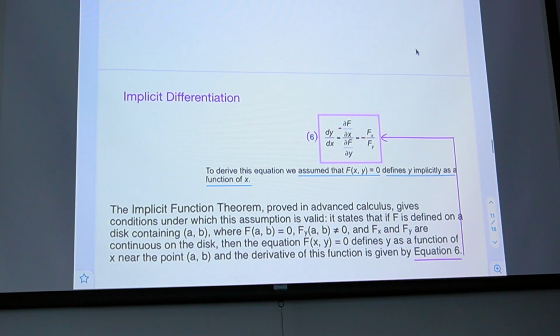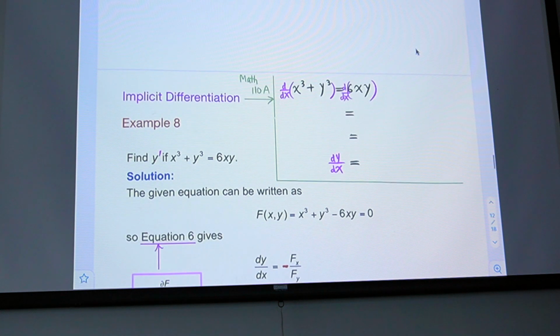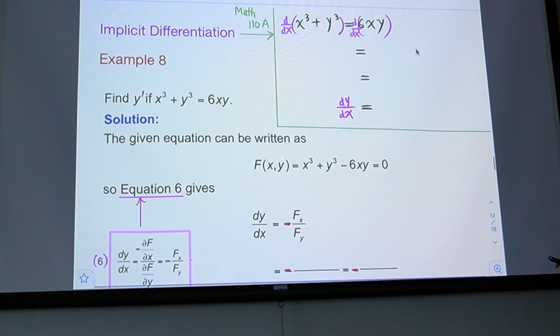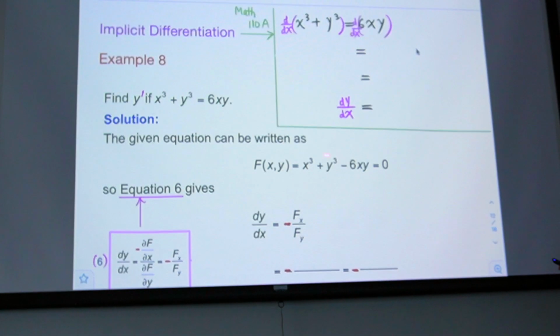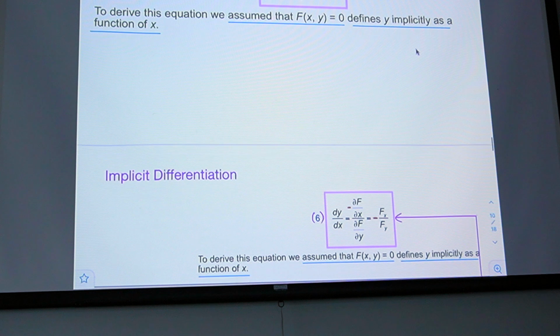I can give you one example, like this one over here. So this is equal to 0, right? In this equation, the y here is implicitly a function of x.